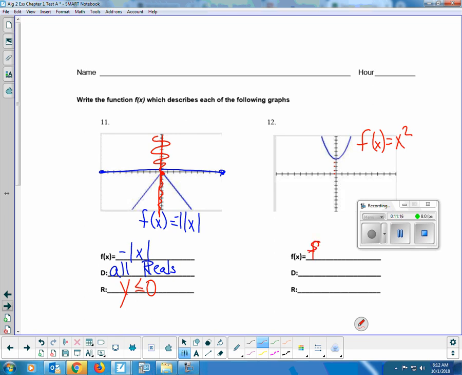Adding something on the outside. That's the equation, x squared plus 4. The domain again, eventually that's going to get wide enough to use all the x's. So all reals. But the only y's that are going to be used are from here up. So it would be all the y's that are greater than or equal to 4.